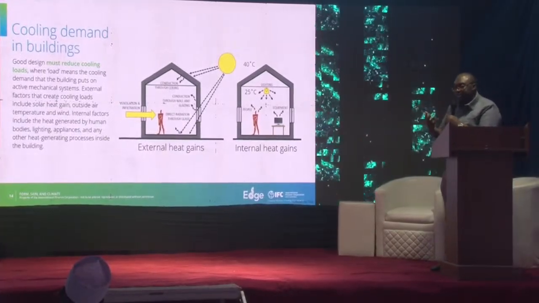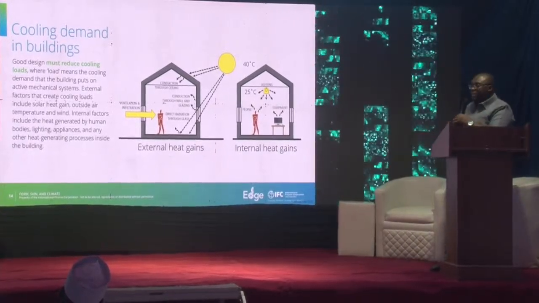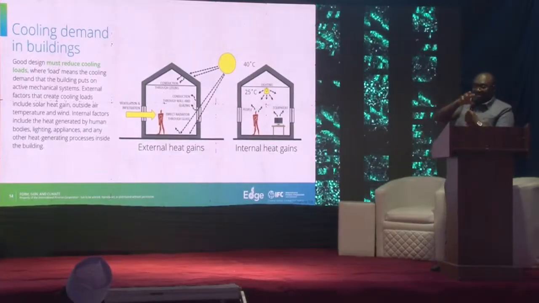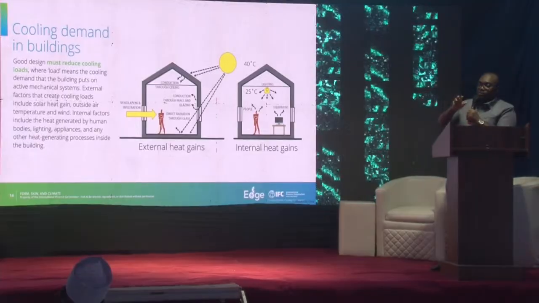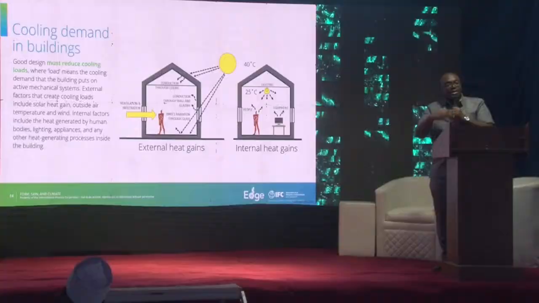A good design is a design where you are able to basically reduce the cooling demand for your building. Balancing all these things, balancing the materials that you use for your windows, the material you use for your wall, the size of your windows and all that, finding that balance so that you will reduce the cooling demand that will be met from a mechanical system, that will be met from your air conditioning system.